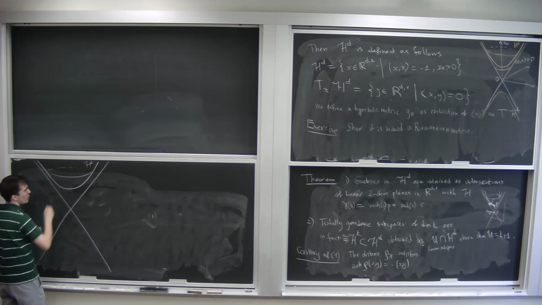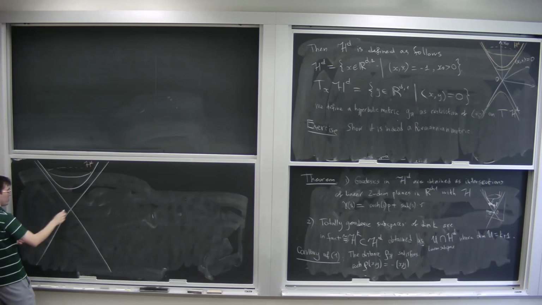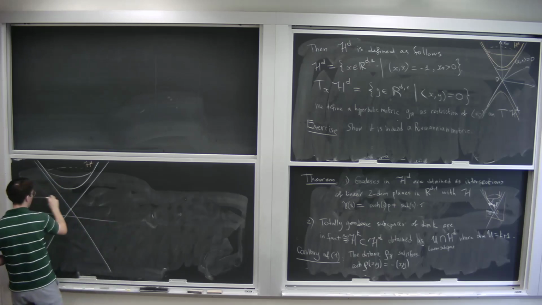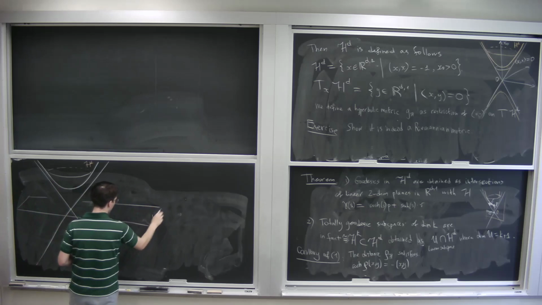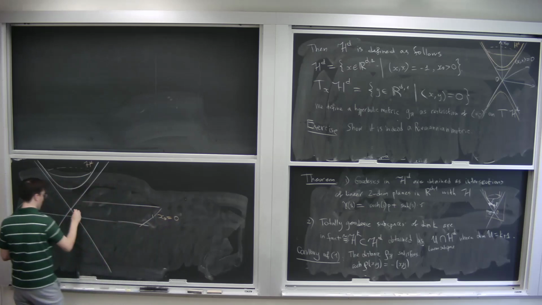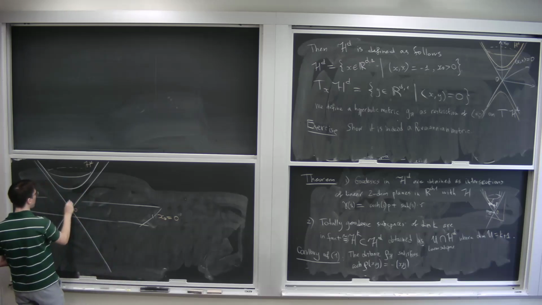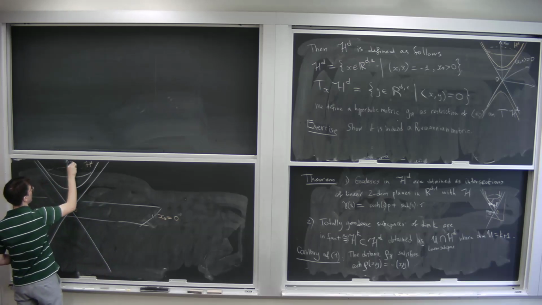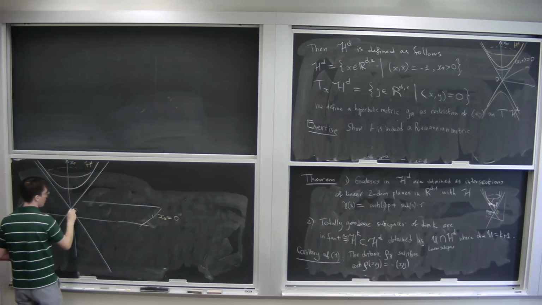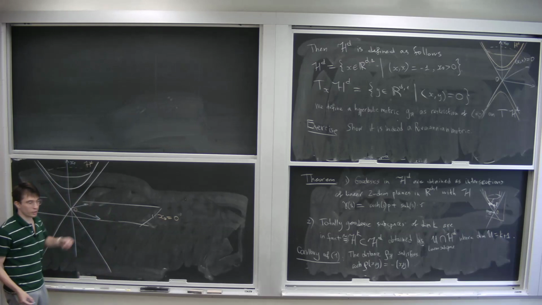Then I can consider a few hyperplanes. One hyperplane is this, and this is the hyperplane x0 is 0, since it passes through the origin. Here is my axis x0, and all other axes are contained in this hyperplane actually.